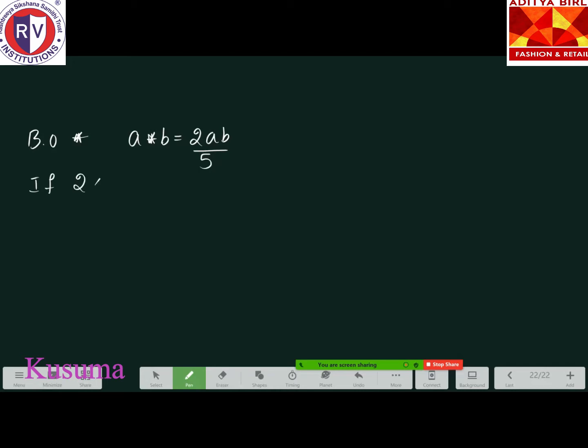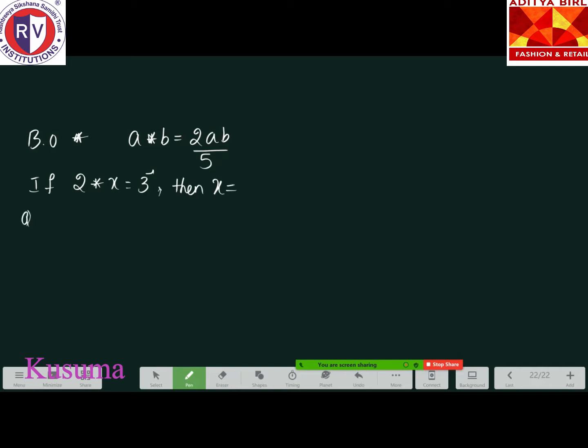If 2 star X is equal to 3 inverse, then X equals. So we have to find the value of X.